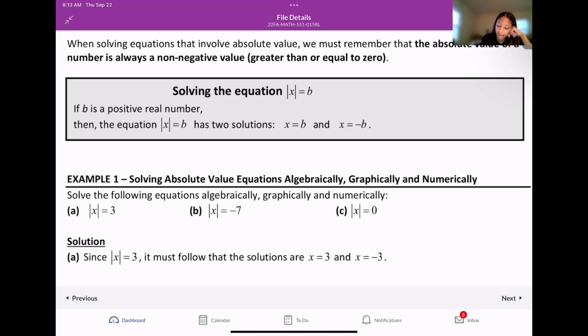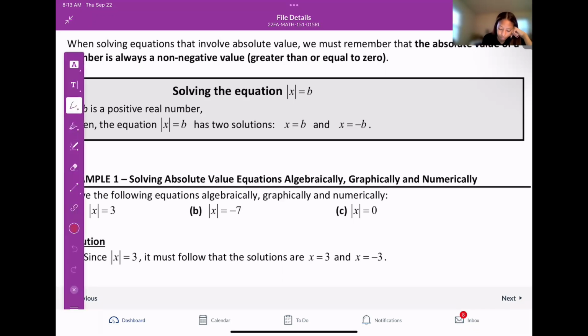So when we have the absolute value of x equals b, that means if we take what's inside of the absolute values, x, that term has to either be equal to b or equal to negative b, okay? If x equals b, the absolute value is b. Or if x equals negative b, the absolute value of x is b.